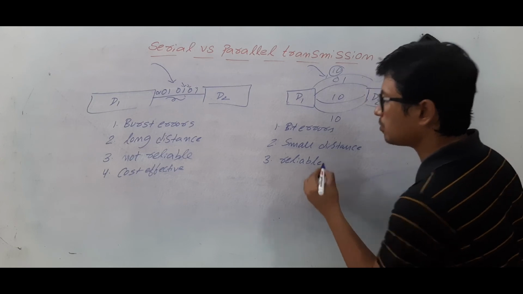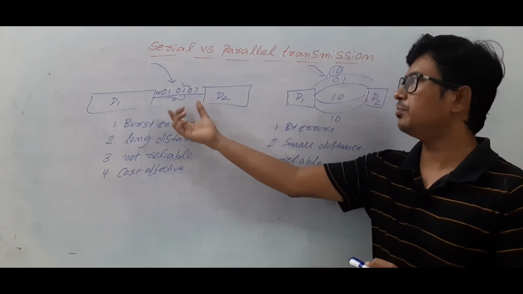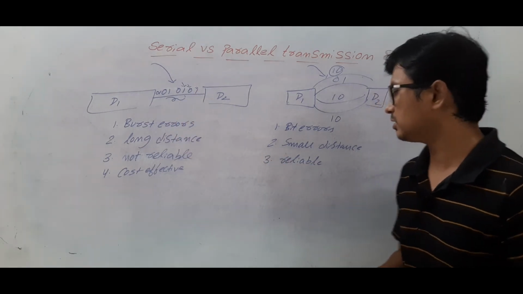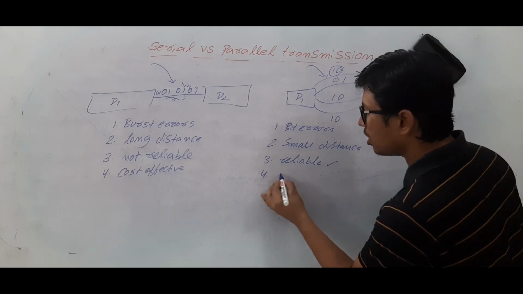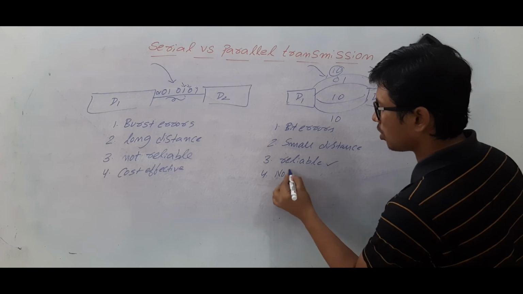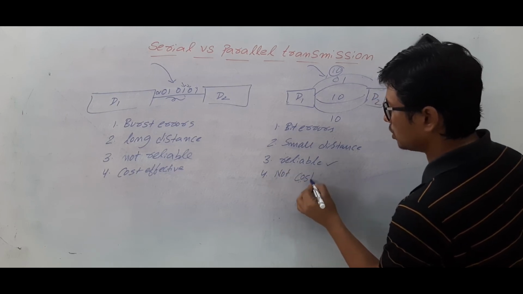Why is it reliable? The number of errors will be less as compared to the number of errors occurring during the serial transmission. So that's why it is reliable. However, it is not a cost effective solution.